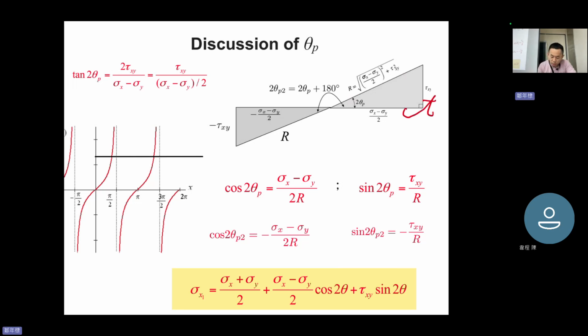So you see, we plot a triangle with the 90 degree. This side is sigma x minus sigma y divided by 2. And tau xy put here. So this triangle tangent will become tangent 2 theta p. You know that, right? So we can use the formula.